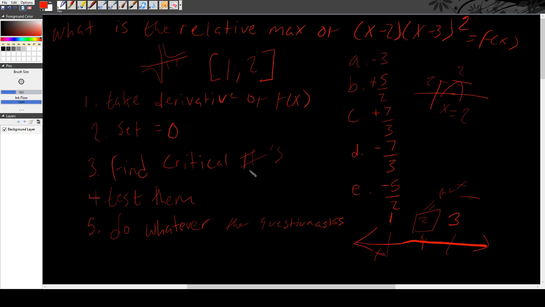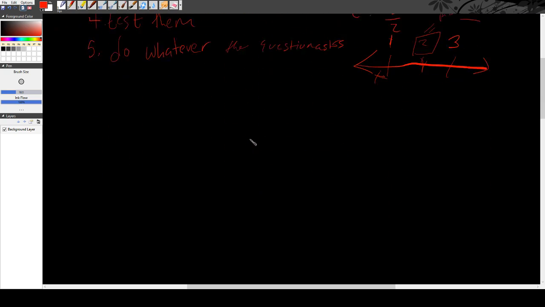Okay, so knowing what you know about that, let's do that for this. f of x equals x minus 2 times x minus 3 squared.